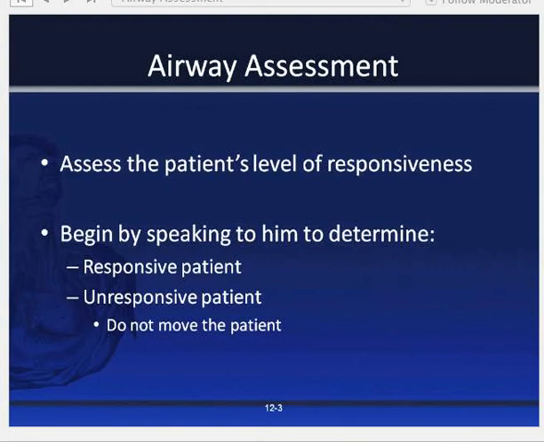Responsive to painful stimuli would be if I rub their sternum or their shoulder and they move or they twitch or they moan. And then unresponsive is if they're not responsive to anything.